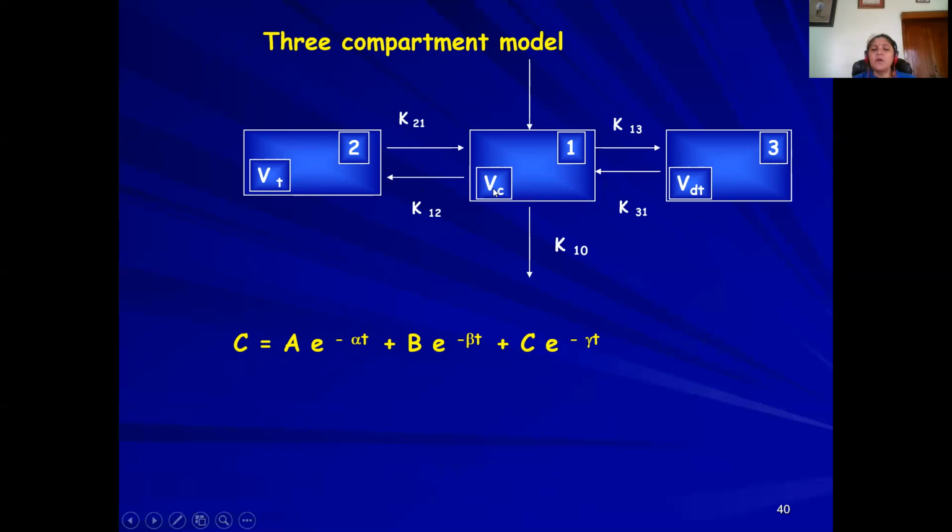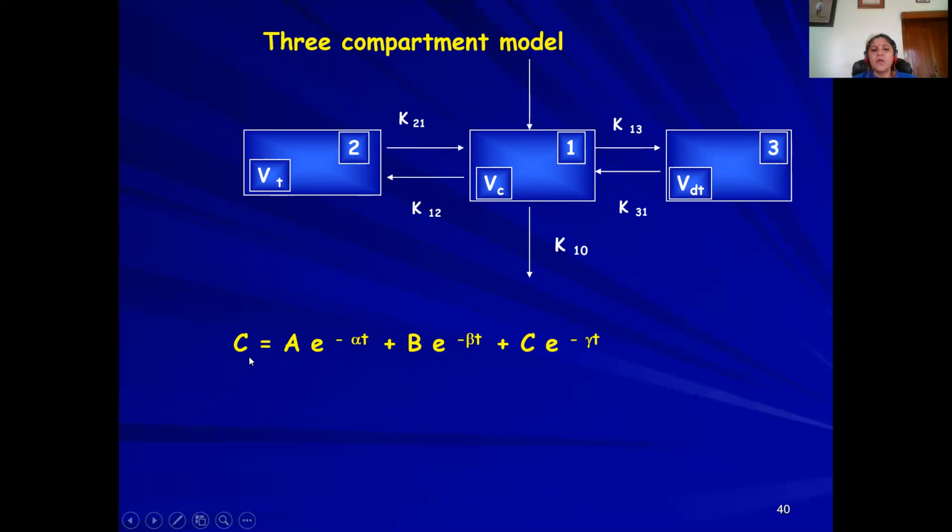So here this is the volume of distribution of central compartment, volume of distribution of tissue compartment, volume of distribution of deep tissue compartment. This is called tissue compartment. This is called deep tissue compartment. Now three compartment model is represented by a tri-exponential equation.